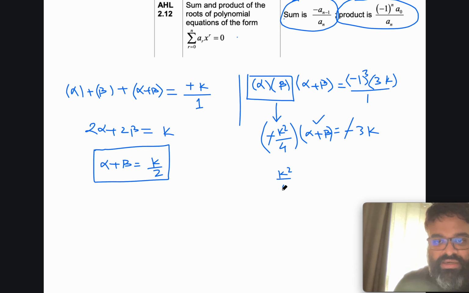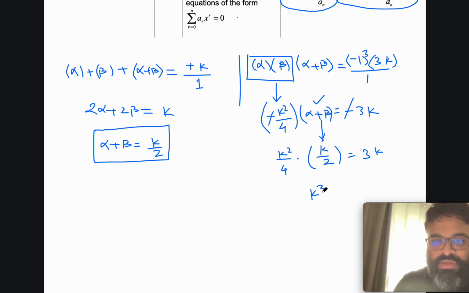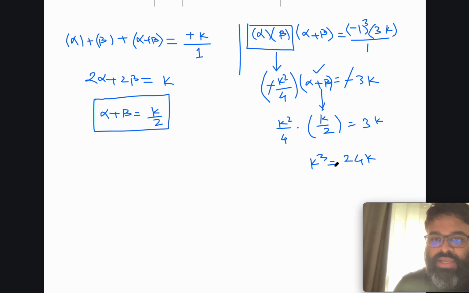So you get k square by 4, and alpha plus beta is k over 2. This is 3k. The minus sign cancelled out on both sides. So you get k cube is equal to 4 times 2, 8 times 3, 24k. And then you can cancel out k, so this will become square.